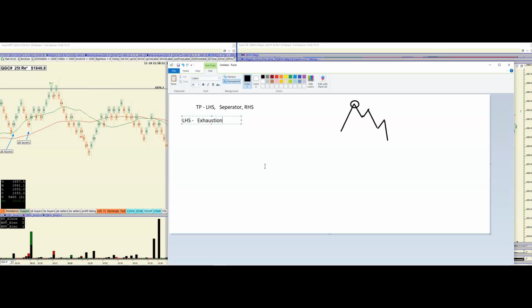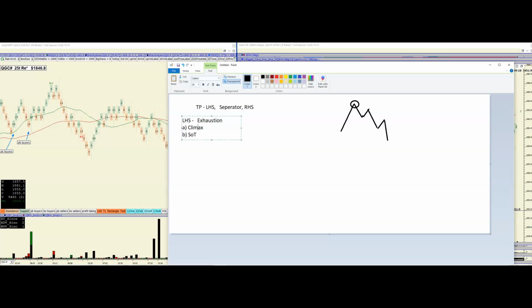Now, how is exhaustion gauged? Typically, exhaustion is gauged by a climax or a shortening of the thrust. Both are indicating exhaustion.